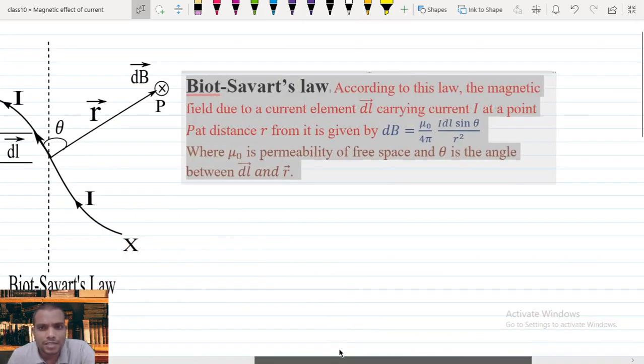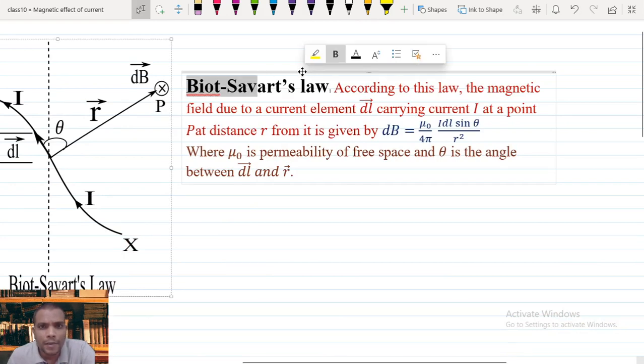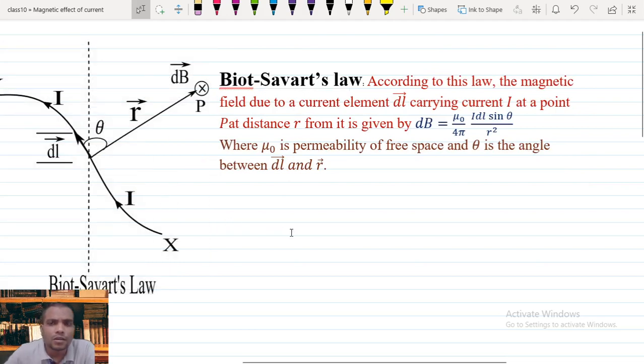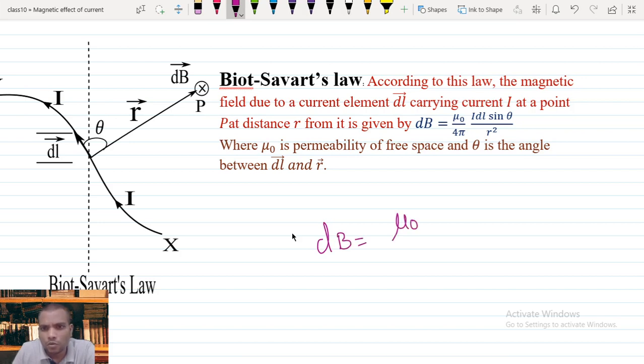So this Biot-Savart's law gives the magnitude of the magnetic field due to a current carrying conductor. According to this law, the magnetic field due to a current element dl carrying current I at a point P, which is at a distance r, is given by dB equal to mu naught upon 4 pi times I dl sine theta upon r square.